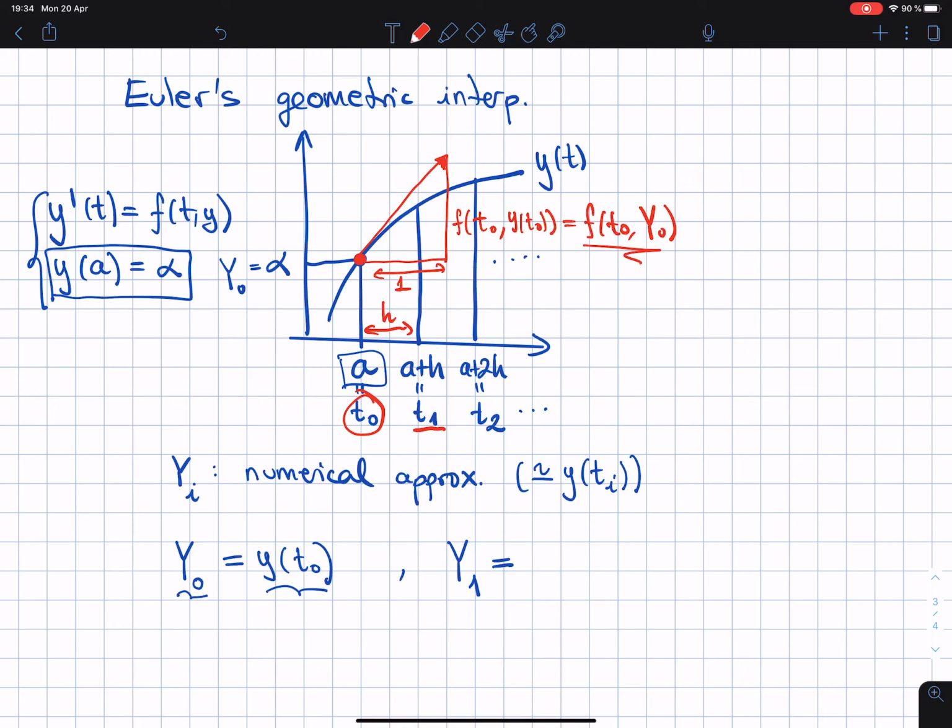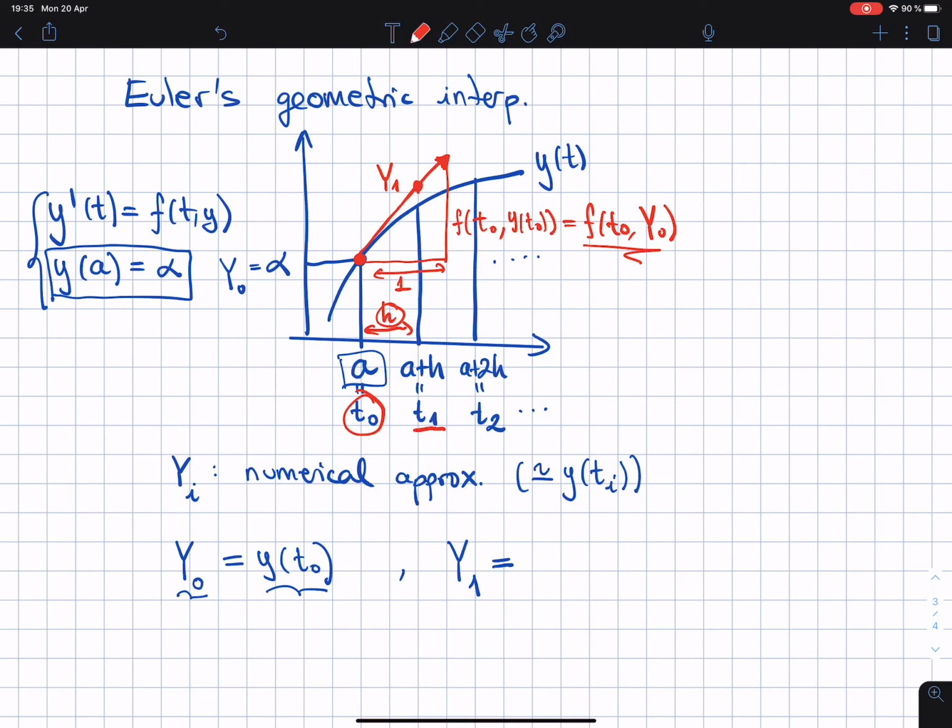So I will move over this line because I know that the tangent line is a very good approximation of the exact solution if I keep very close to it. So I will move just the small distance called h, and I will stop here. And this is going to be y1.